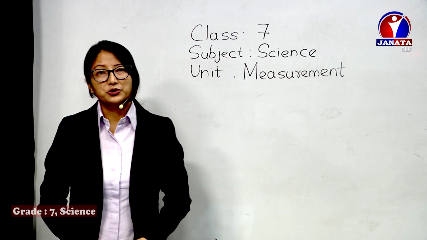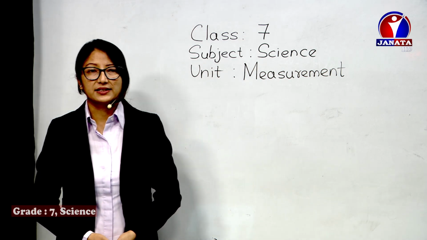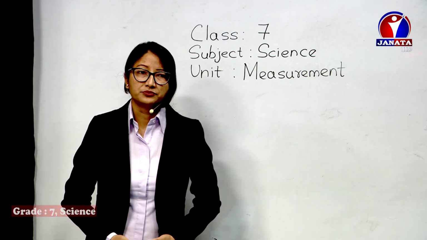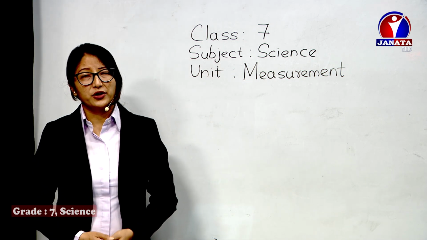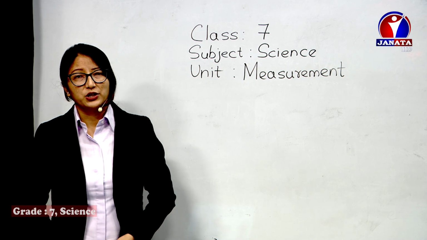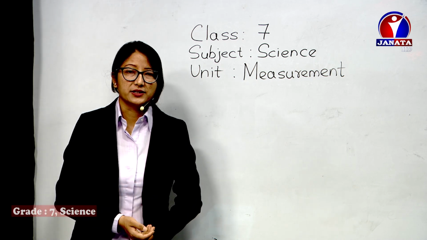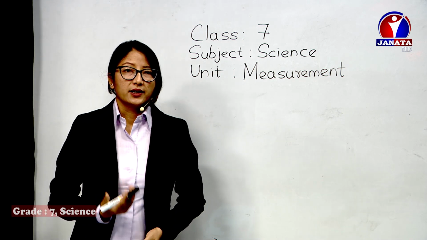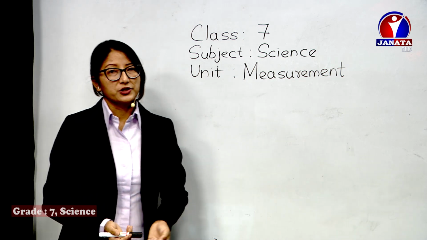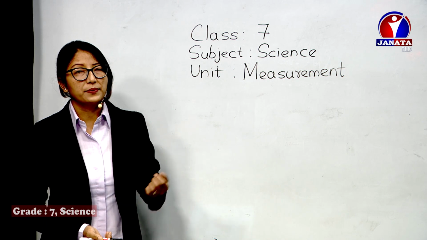Like when you go to market, for example, you want to buy some vegetables. Let's talk about most of your favorite vegetables, suppose potatoes. You went with your parents. When you go to the shop or the market, what does the shopkeeper do? Of course, he gets a beam balance or a pan balance.